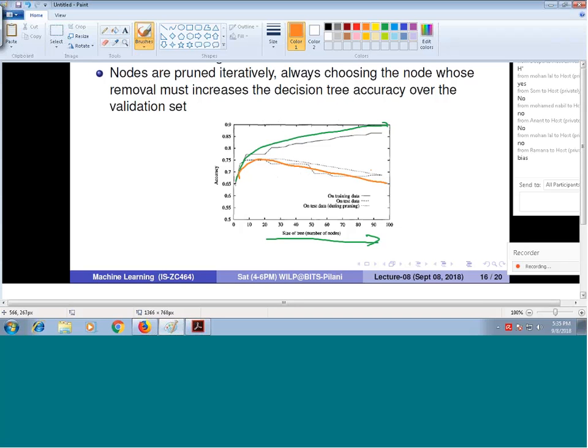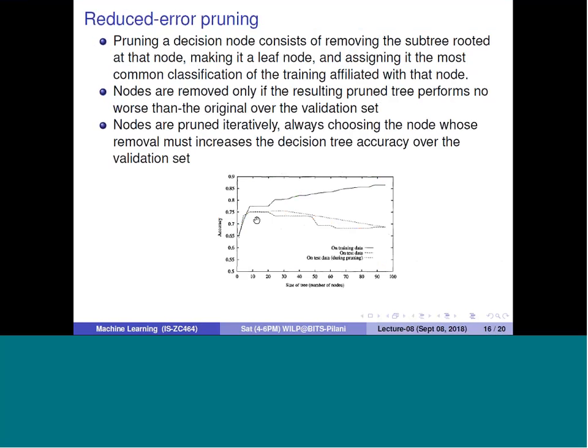But when you are doing post-pruning, this accuracy becomes better. If this was the accuracy, you may be getting this accuracy. At every point you can improve the accuracy, and therefore your new curve is going to be something like that. This is what is important to know.